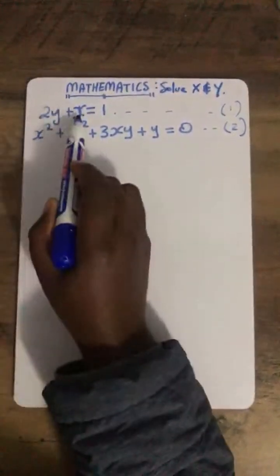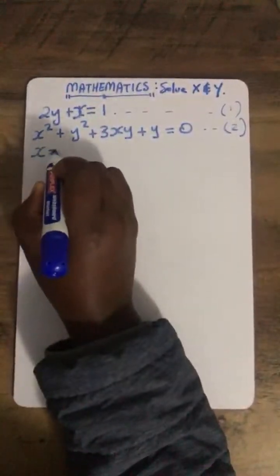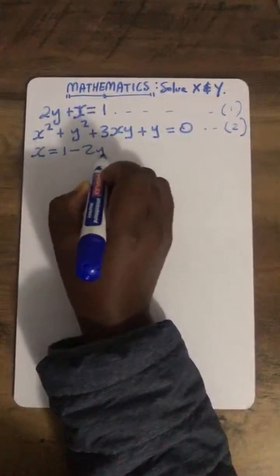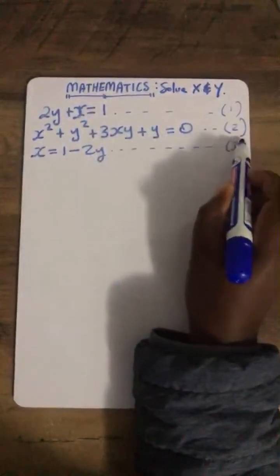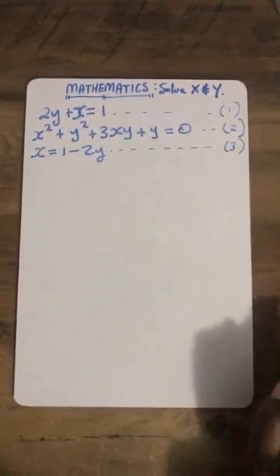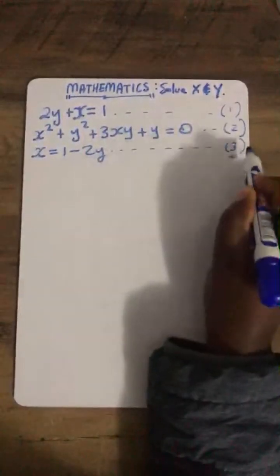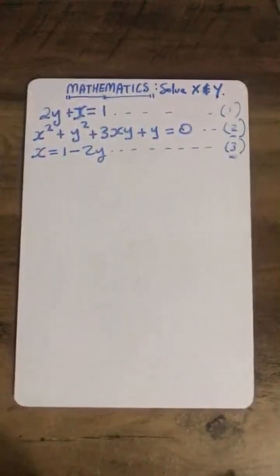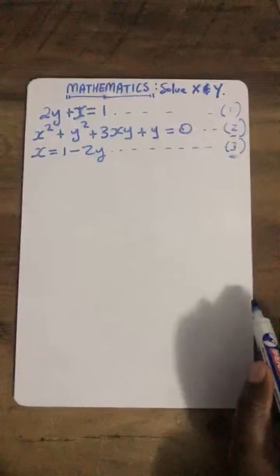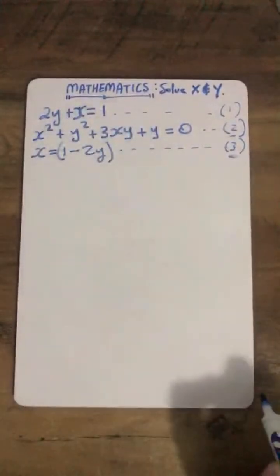I think it's easier to make x the subject, so x equals 1 minus 2y, and this will be our equation number 3. You are going to take equation number 3 and substitute it into equation number 2, so everywhere you see x, you substitute all of this.